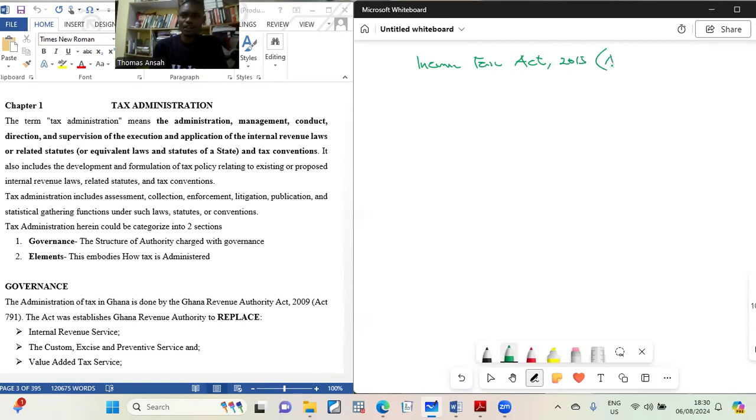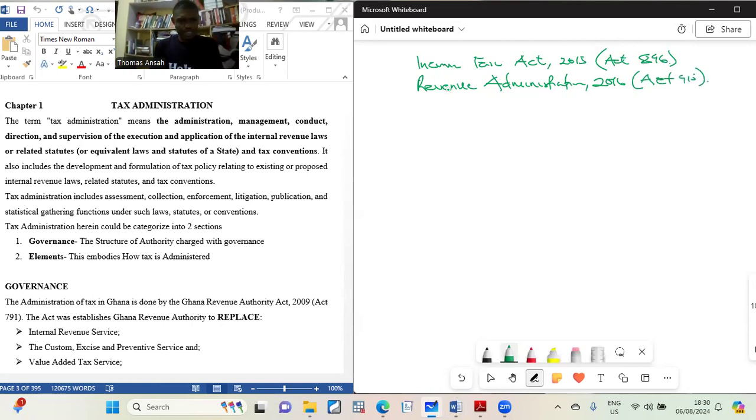Act 896. And we will be looking at the Revenue Administration Act, which is the one for tax administration. I'll also share it with you. That one was in 2016, Act 915.